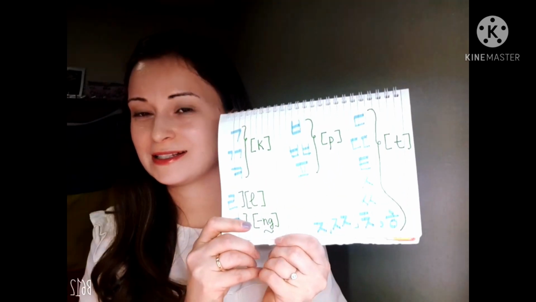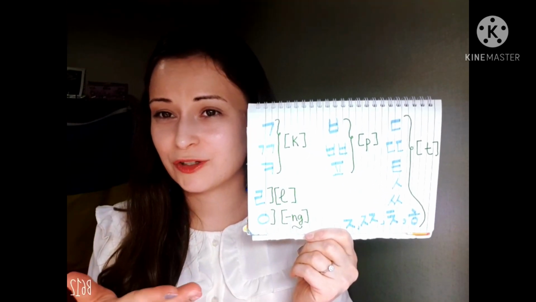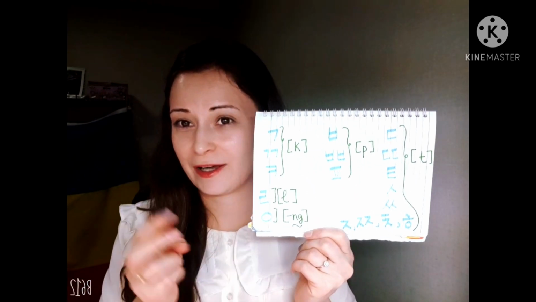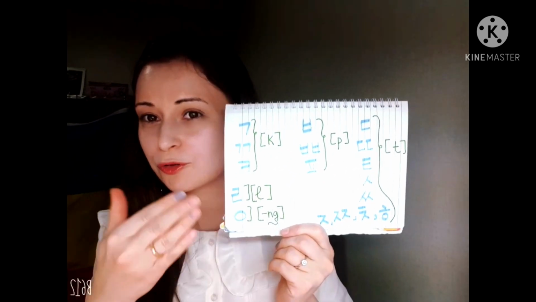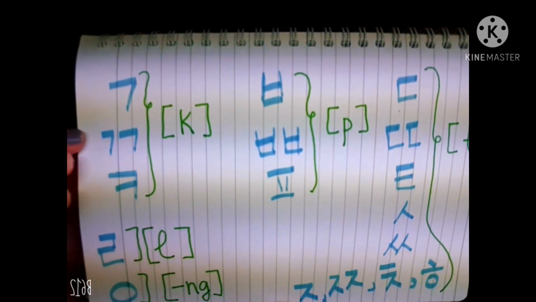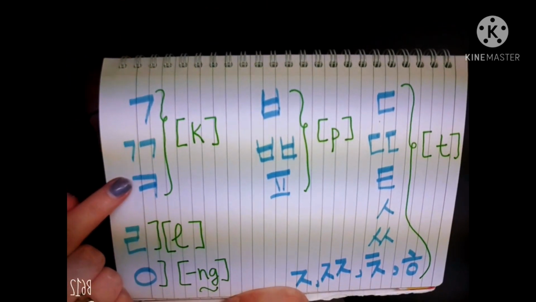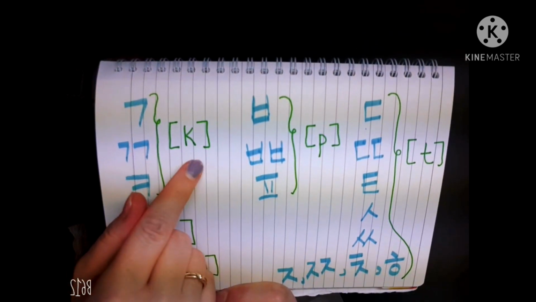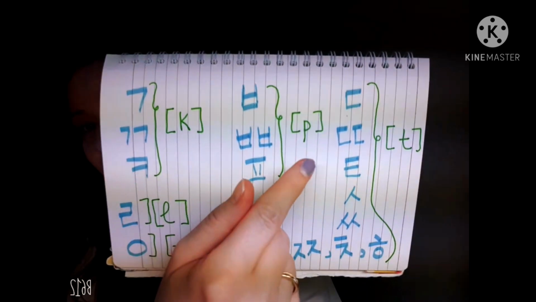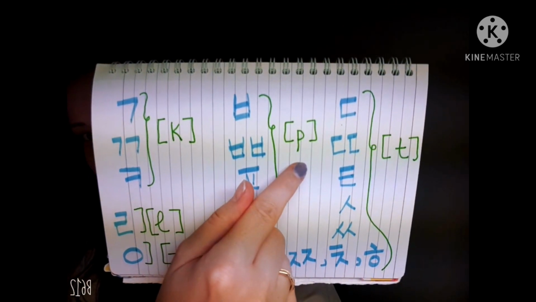받침 is the final consonant. The final consonant is usually read differently than the initial consonant, right? We said we have two pronunciations, so now we group them together because they have the same reading. These three here are read the same, gu, gu. These three are also read the same, bu, bu.